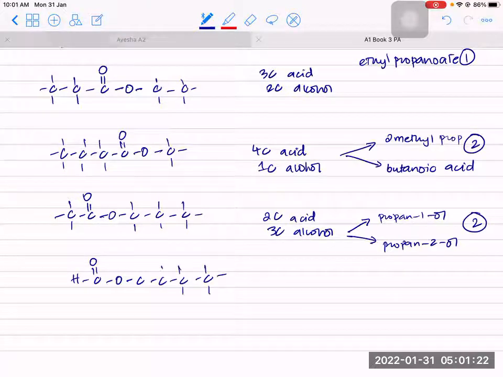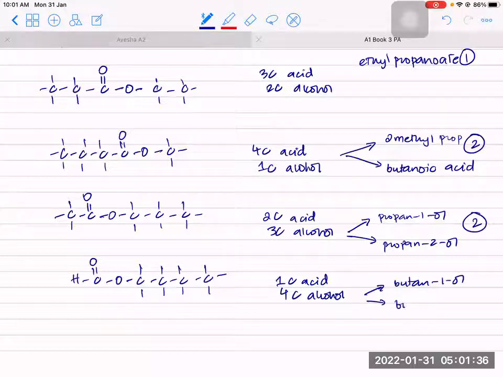Now you can have a 1-carbon acid and a 4-carbon alcohol. A 1-carbon acid will always be methanoic acid. A 4-carbon alcohol can be butan-1-ol, butan-2-ol, 2-methyl propan-1-ol and 2-methyl propan-2-ol.